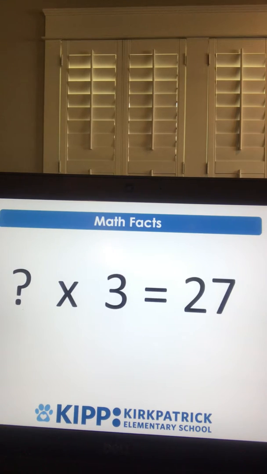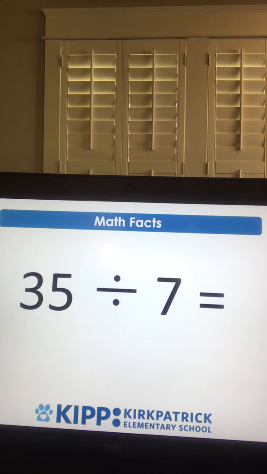9 times 9. 81. What number times 3 is 27? You could roll your 3's all the way up to 27 to solve this. That's 9. 35 divided by 7.